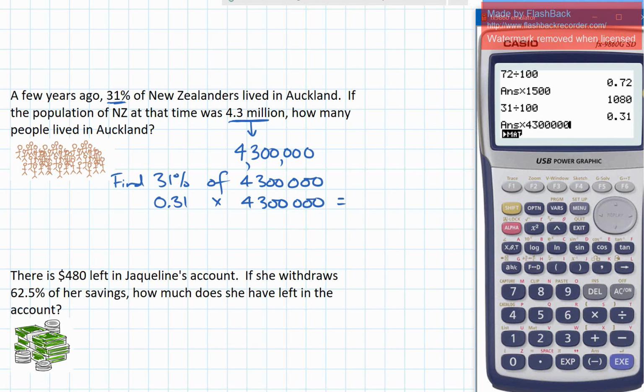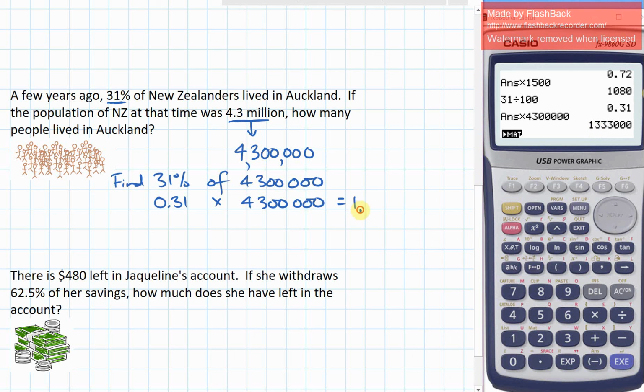Just ensure that you've got the right number. I get 1,333,000 people in Auckland.